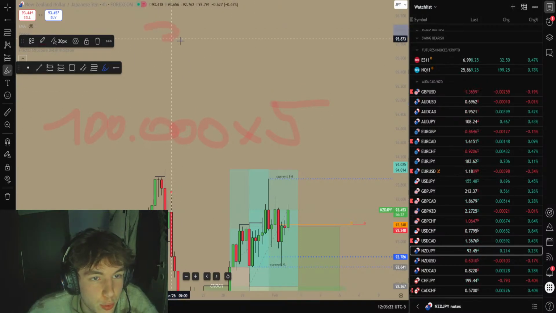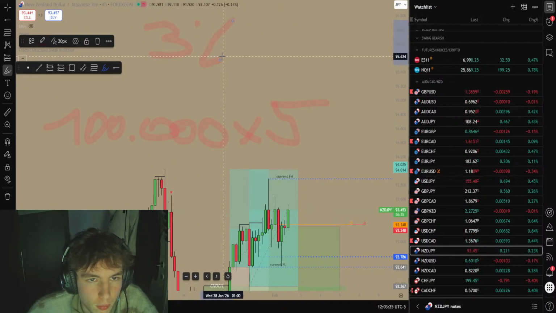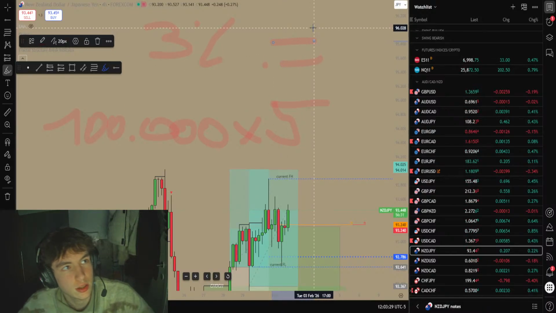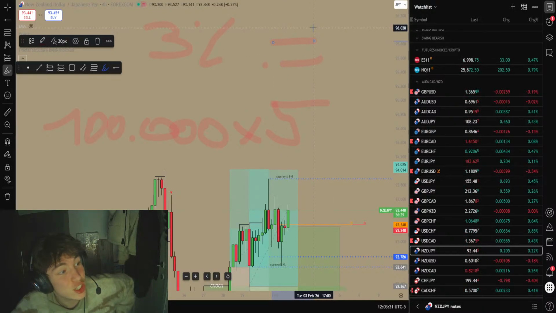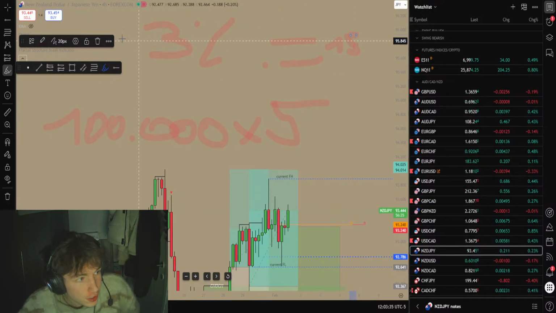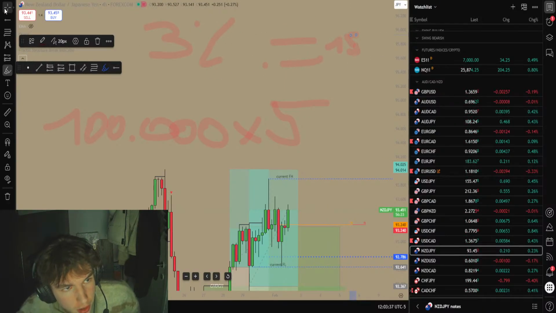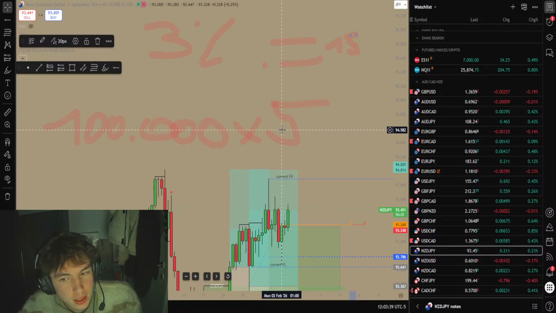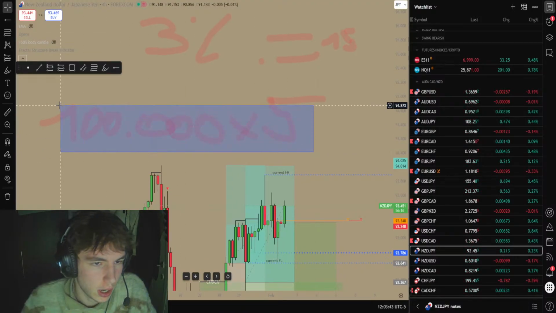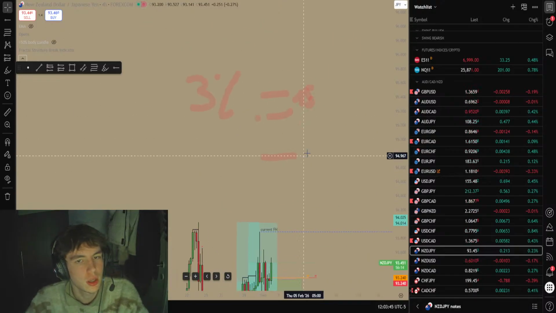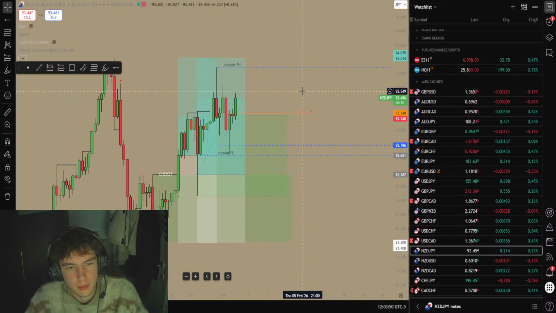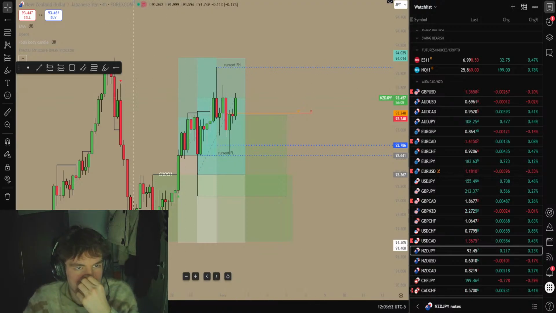Let's say you make 3%. 3% of 500 grand is 15K. That's a $15,000 month. And let's even say you don't risk 1% every trade because you don't have to, right? If you have multiple accounts, that's easy, you know?